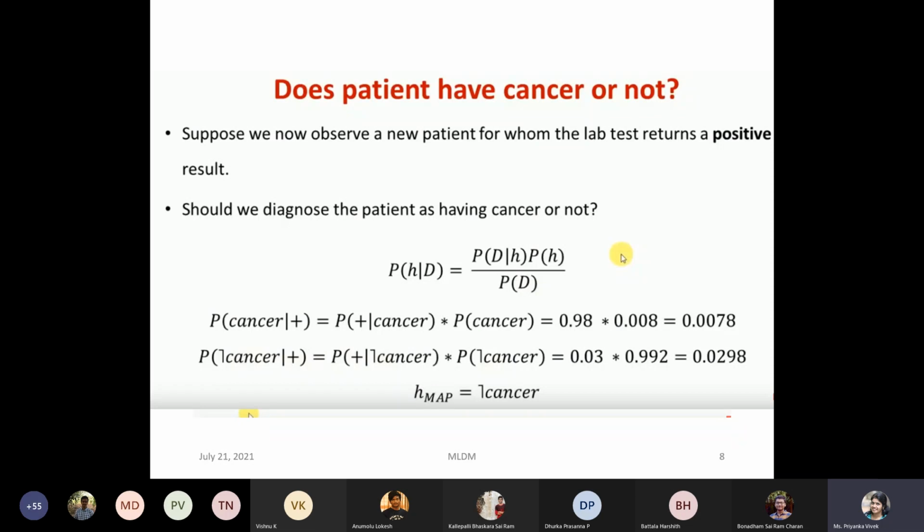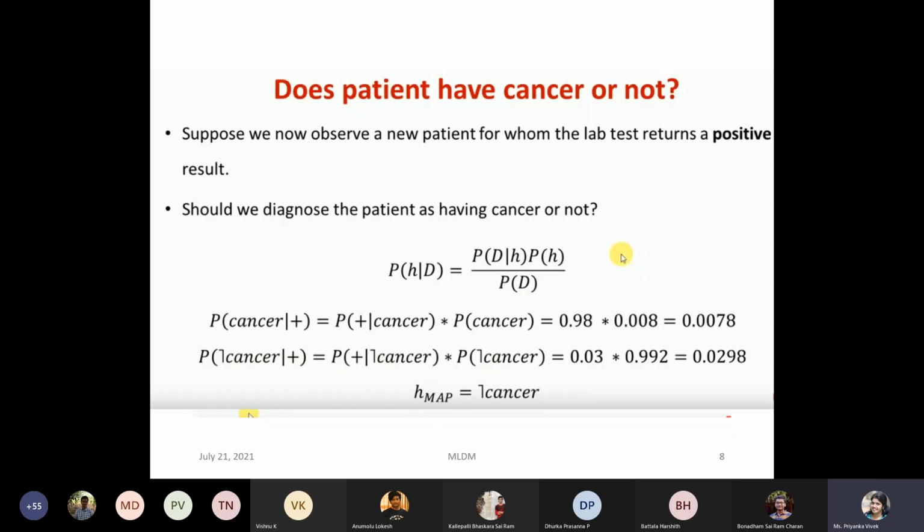And how do we write according to our Bayes theorem? If you notice, we are not writing the denominator part because in both cases it will be the same term and we are just comparing. So why do we have to divide again? We are just taking the numerator. The first one will be written as P of plus given cancer into P of cancer.